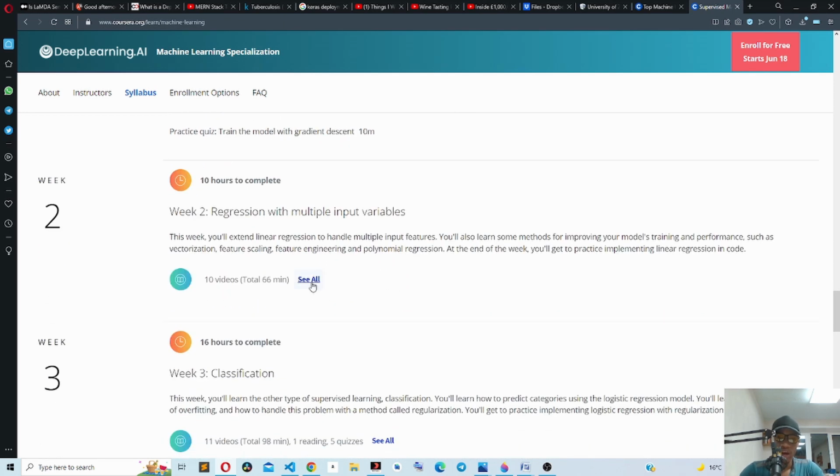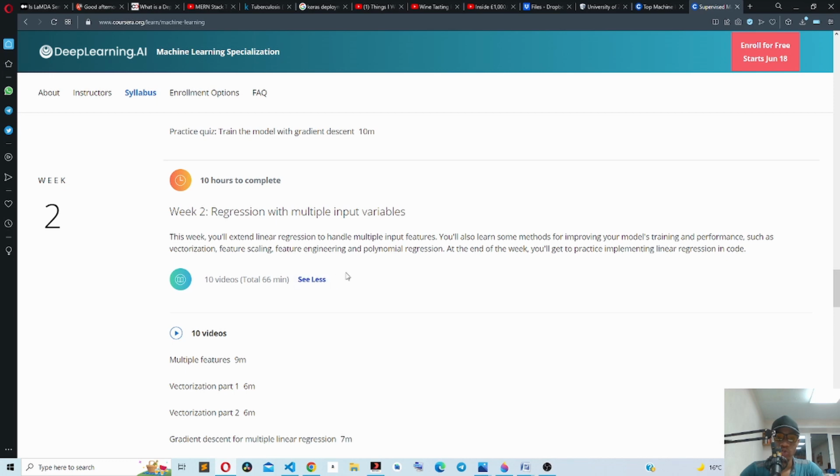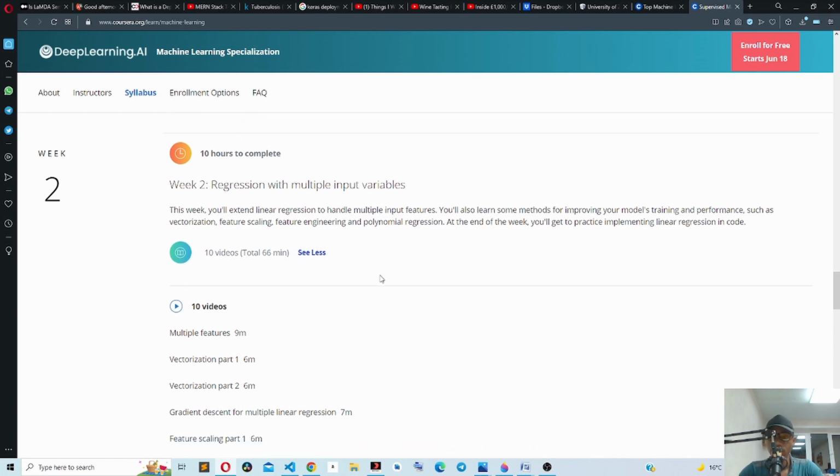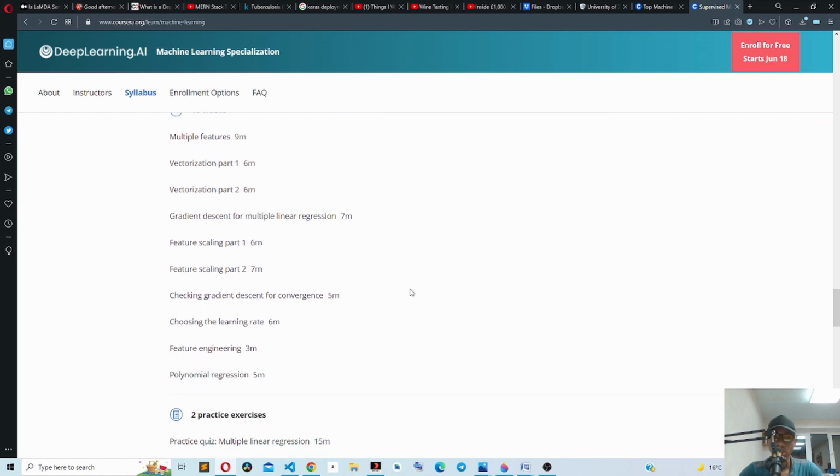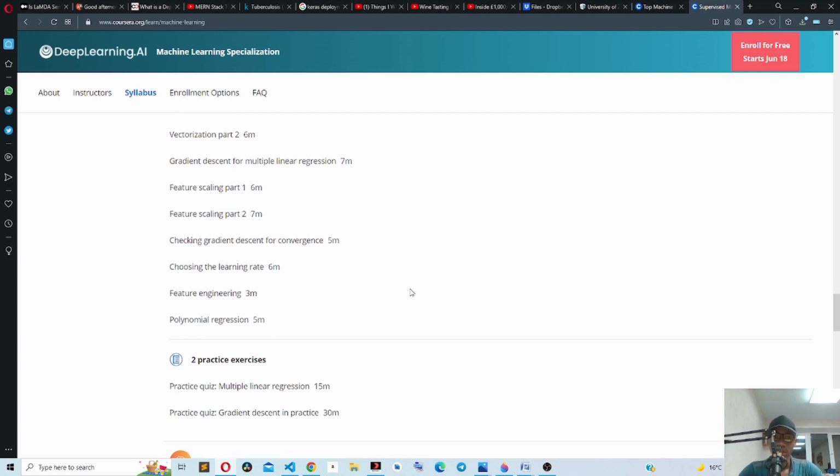And then in week 2, you'll be introduced to regression with multiple input variables: multiple features, vectorization, which is how to represent your data as a vector, and gradient descent for the linear regression algorithm. Now you'll be using gradient descent to optimize your linear regression algorithm, and then feature scaling.